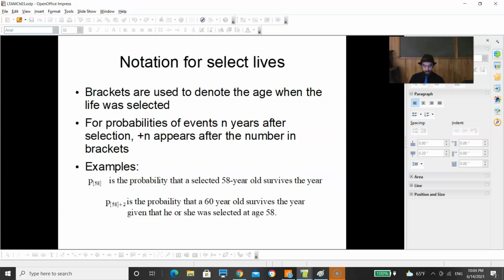The age at which you were approved for insurance is put in brackets. So if a 58-year-old was just approved for insurance right now, we say bracket 58. So P bracket 58, or P selected at 58, is the probability that a just-approved 58-year-old survives the year. Whereas if you were selected 20 years ago, it would be P, no brackets, 58.